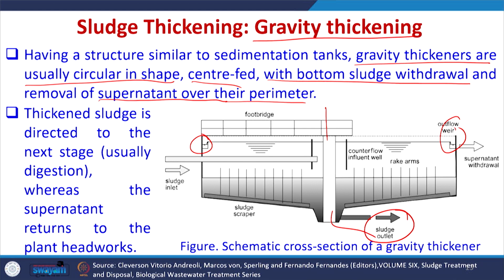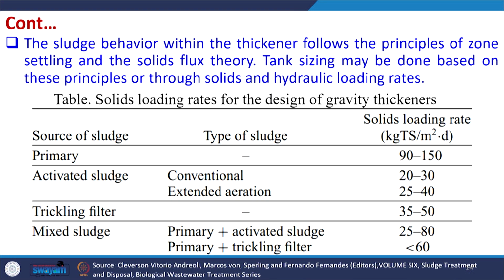Now, thickened sludge is directed to the next stage, usually a digestion unit, whereas the supernatant is returned for further treatment if required, or it may be taken somewhere else. The sludge behavior within the thickener follows the principle of zone settling. Remember, this is different from the settling which happens after, maybe, the activated sludge process.